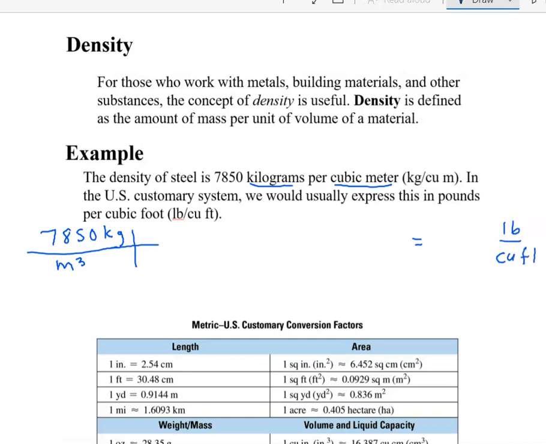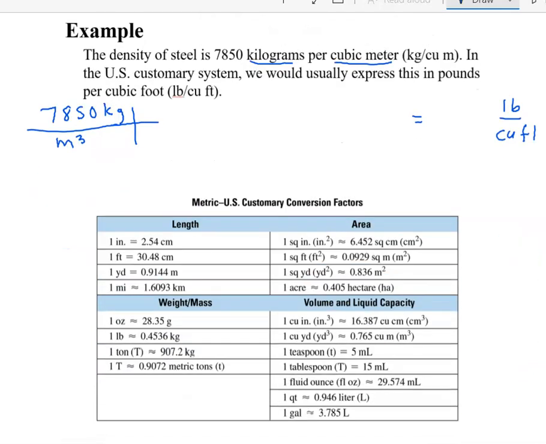foot. Okay. I'm going to go down here and see if I've got any 1 cubic foot. We've got our area. We've got cubic yards down here, but we don't have cubic feet in meters. So let's do that. We know that 1 cubic yard is 0.765 meters cubed.